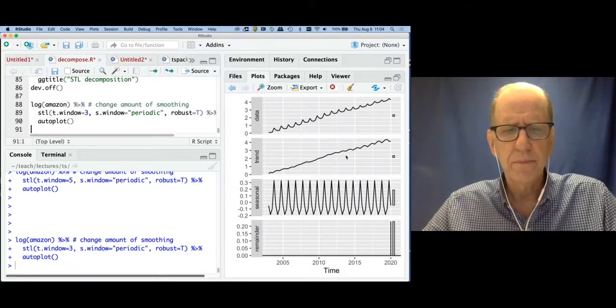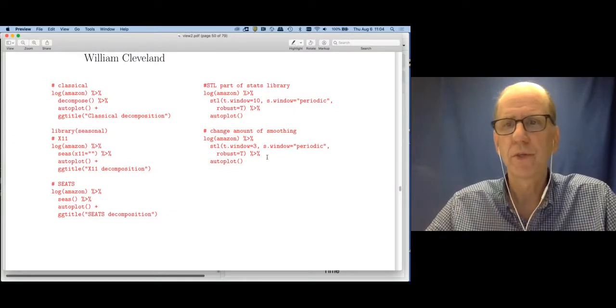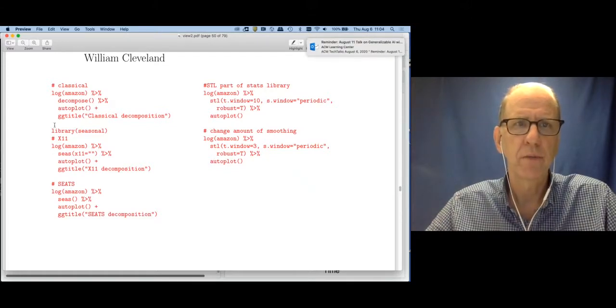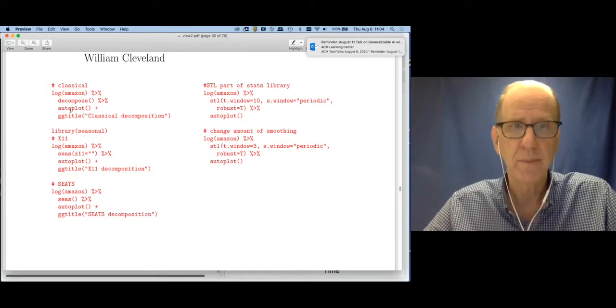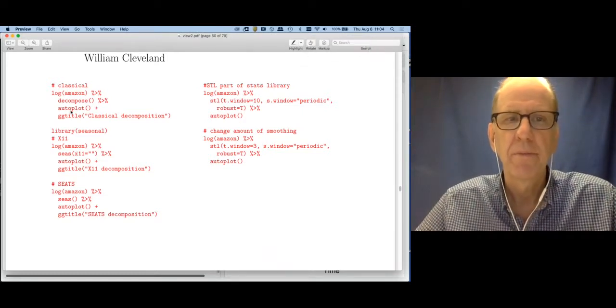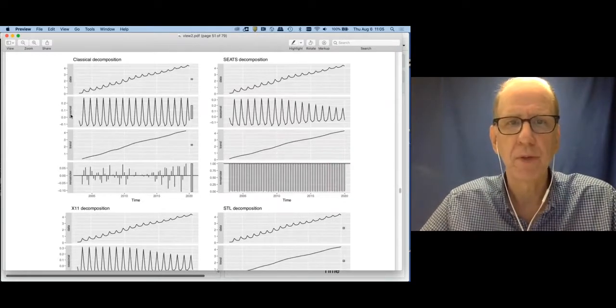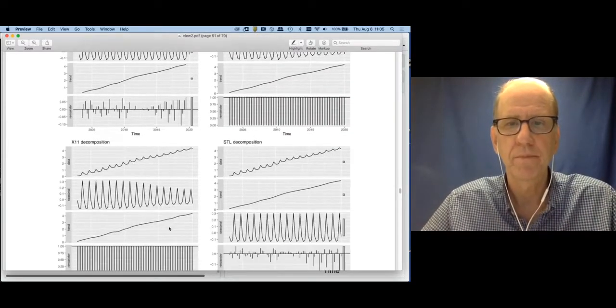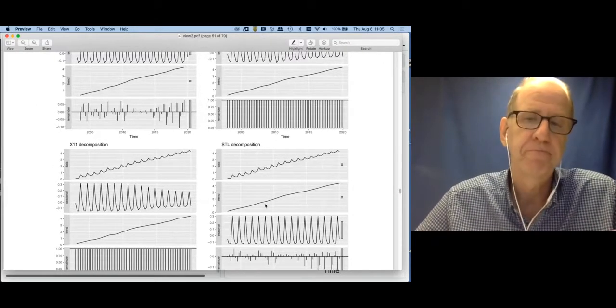So the point I'm trying to make is, with the STL decomposition, you have control over it. Although I'll just mention that what we're seeing with the other smoothers, the other decompositions, is, at least for this data set, the smoothing it does is about right. So I'm pretty happy with the cycle trend for the other 3, as well as STL here.